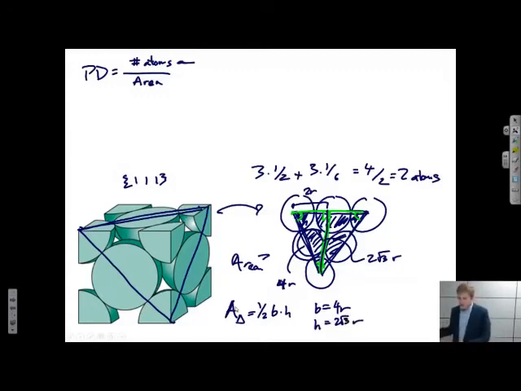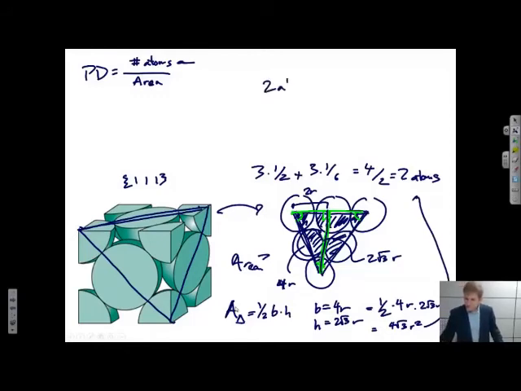So 1/2 times base times height is going to be 4 square root of 3 r squared. Okay, I put this in, again, remember number of atoms per area. So I have 2 atoms over 4 square root of 3 r squared, which equals 1 over 2 square root of 3 r squared.